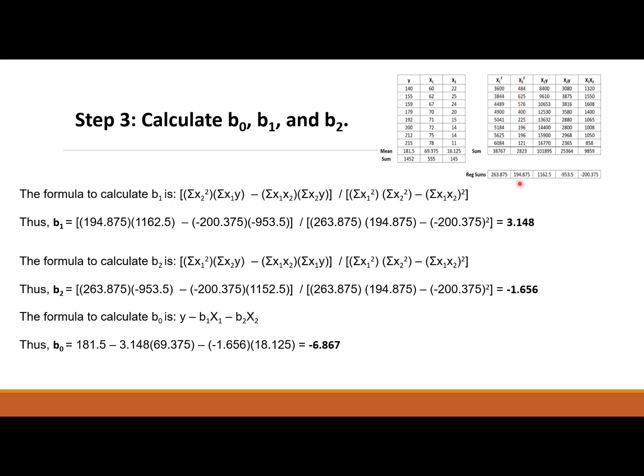So here, the regression sums, 194.875. Then we multiply it by the summation of x1y. Where is this x1y? So here, 1,162.5.